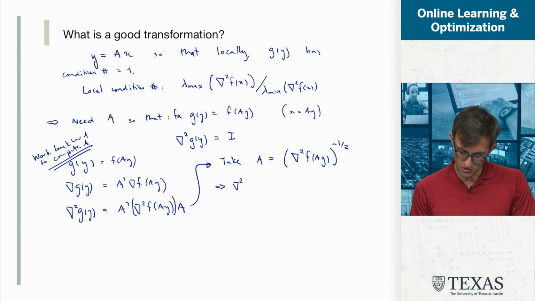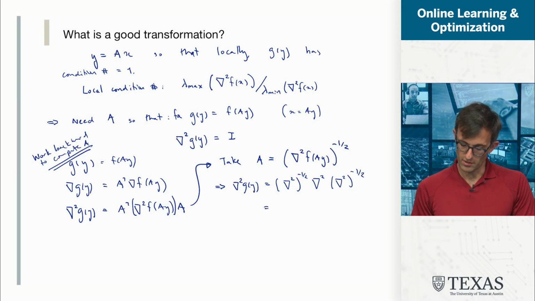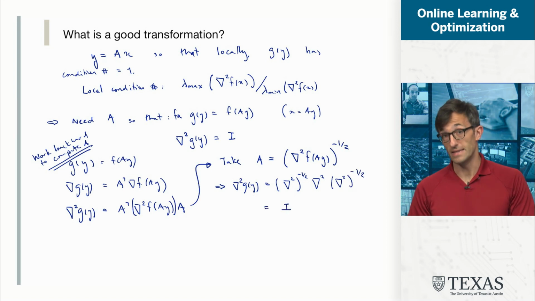Then the Hessian of g of y is going to equal the inverse square root of the Hessian, let me abbreviate my notation like this, times the Hessian times the inverse square root of the Hessian, which is going to be exactly what we need, the identity.